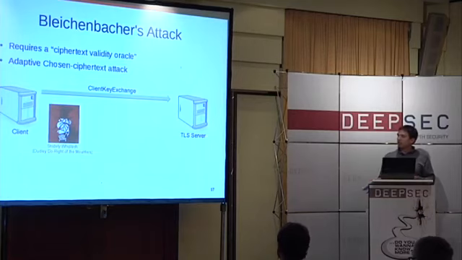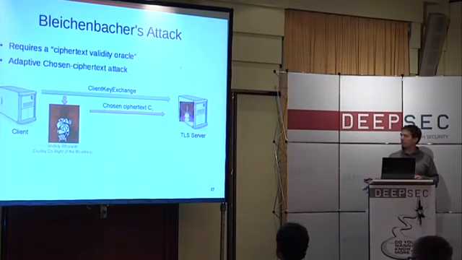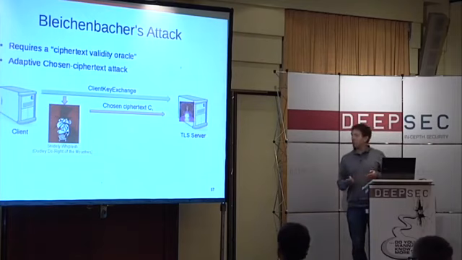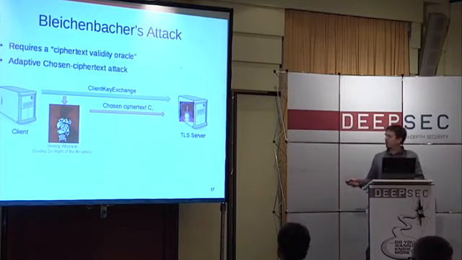Bleichenbacher's attack is an adaptive chosen ciphertext attack. In our case, the attacker somehow eavesdrops this RSA encrypted message, modifies it, sends it to the server, and uses the server as an oracle. For this reason, this attack is also called a padding oracle attack, one of the padding oracle attacks.